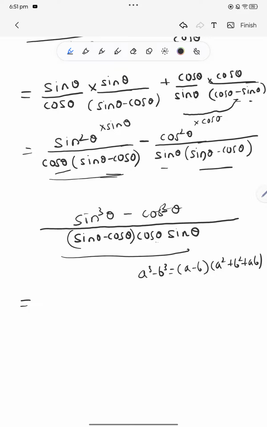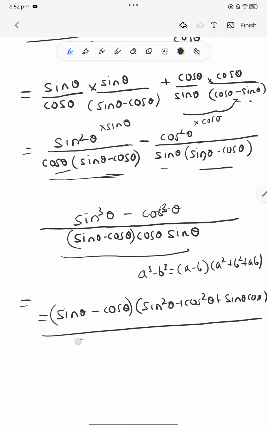So from this, sin theta minus cos theta into sin square theta plus cos square theta plus sin theta into cos theta, whole divided by sin theta minus cos theta into sin theta into cos theta.